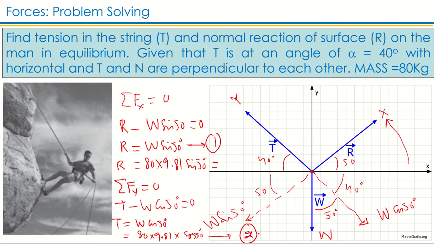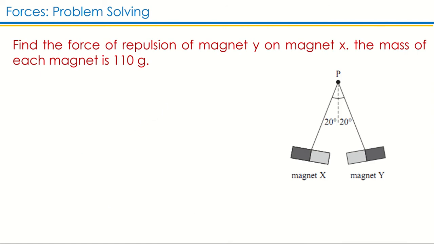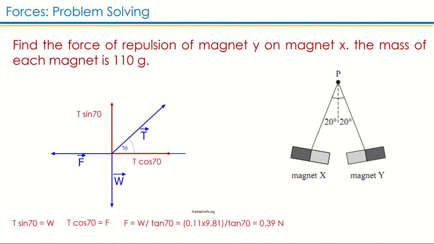I explained both ways, and now what you are supposed to do is find answers from both ways and see whether you get the same answers or not. For this problem, first draw the free body force diagram. I'm not explaining this, but you are supposed to understand it. I solved it already for you.